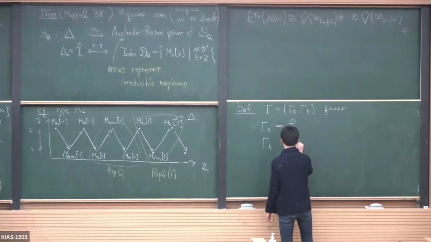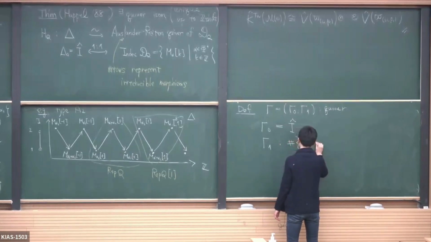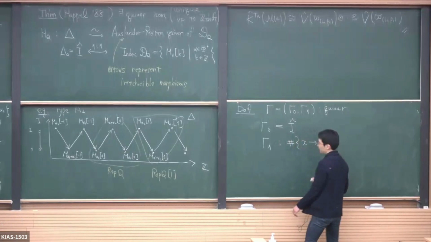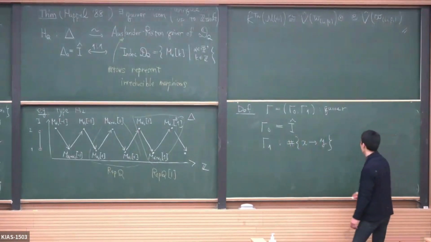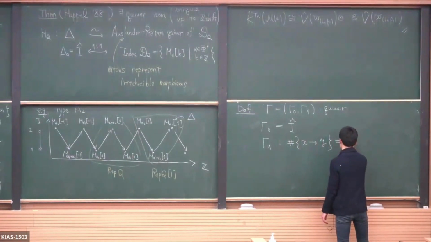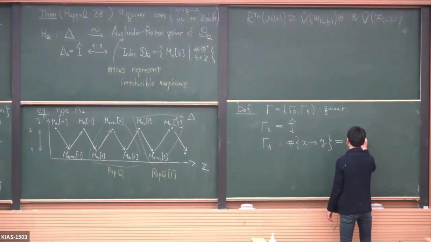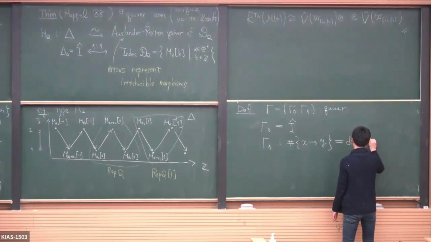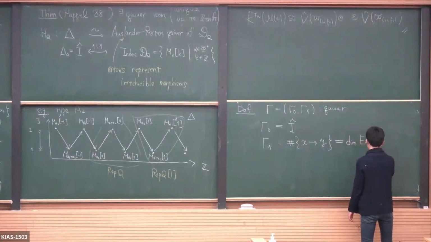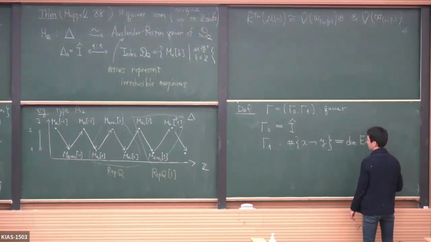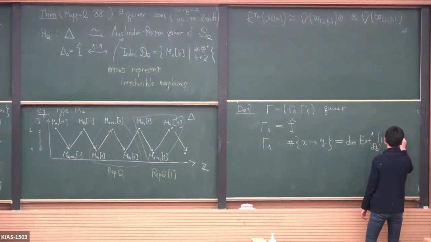So the number of arrows from x to y is given by the dimension of Ext^1 in the derived category of the quiver from h to x to h to y.